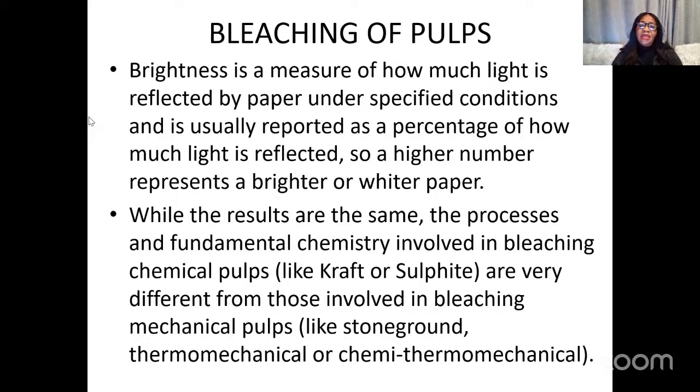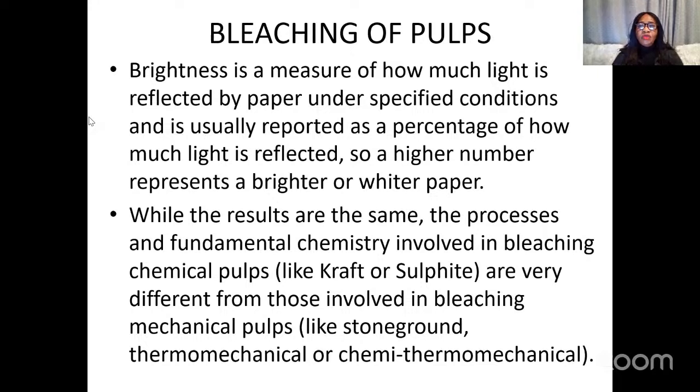While the results are the same, the processes and fundamental chemistry involved in bleaching chemical pulps like kraft or sulfite are very different from those involved in bleaching mechanical pulp like groundwood, TMP, CTMP, and so on.